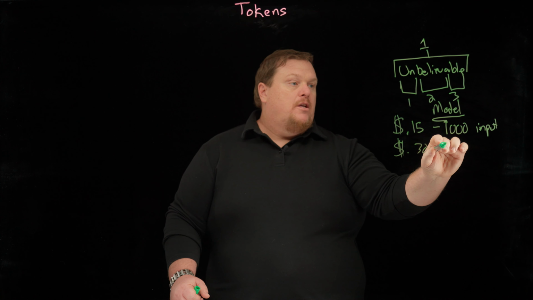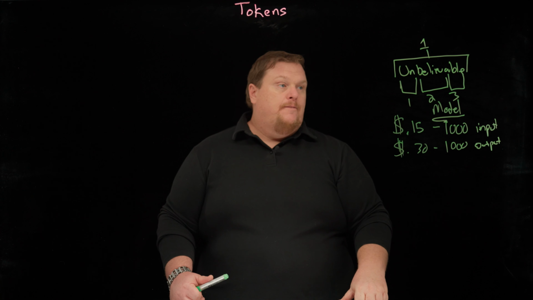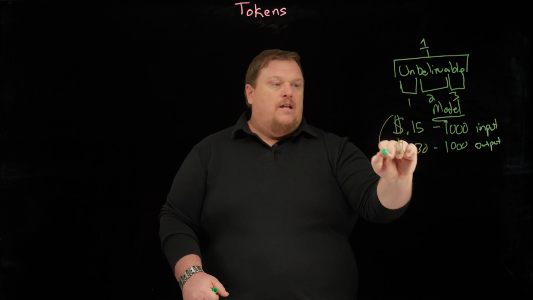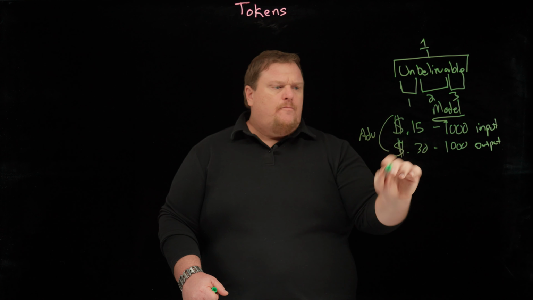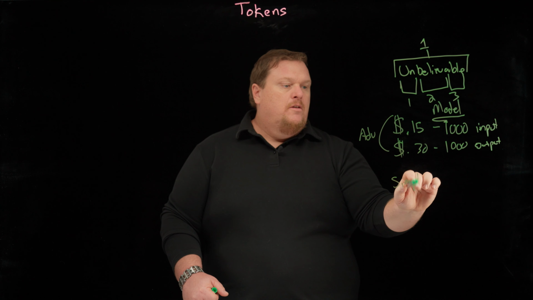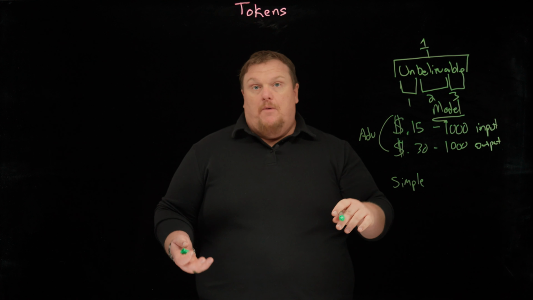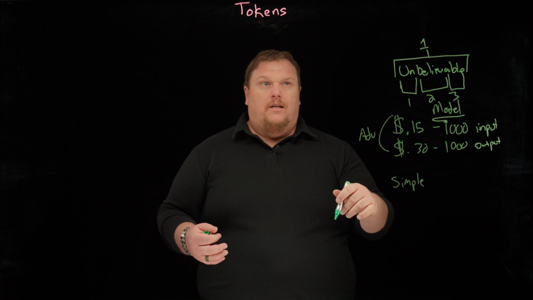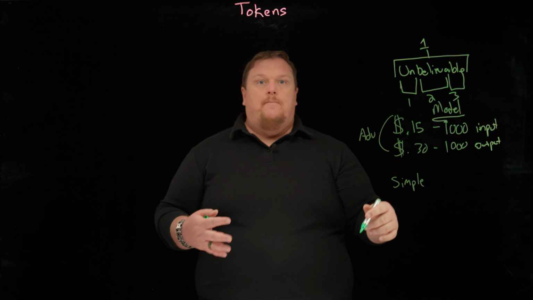So if you ask your favorite LLM to say, hey, take this image, erase me, make me look buff and not so large, that's going to have a certain number of input tokens and a certain number of output tokens, and we're charged. Very typically, these input and output tokens are priced differently. That may be a very advanced model to do that, but you may see a simple model. Maybe it's a really good model for just simple text, like let's think of spell check or grammar check.